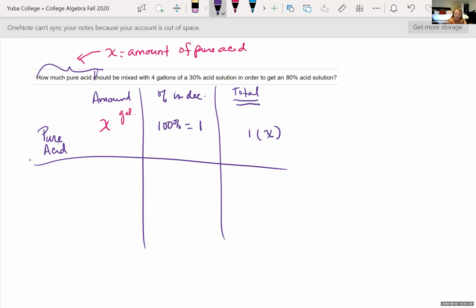And then we have what we're mixing it to. And so looking at this, how much should be mixed with 4 gallons of 30% acid solution? So we have this acid solution.